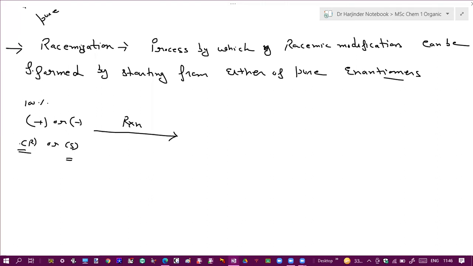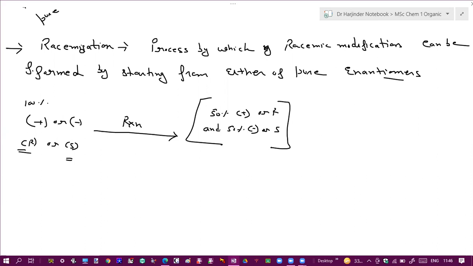That means you have converted it into 50% plus and 50% minus, or R and S. Okay. So you get this equimolar mixture of R and S, and that's your racemic modification.